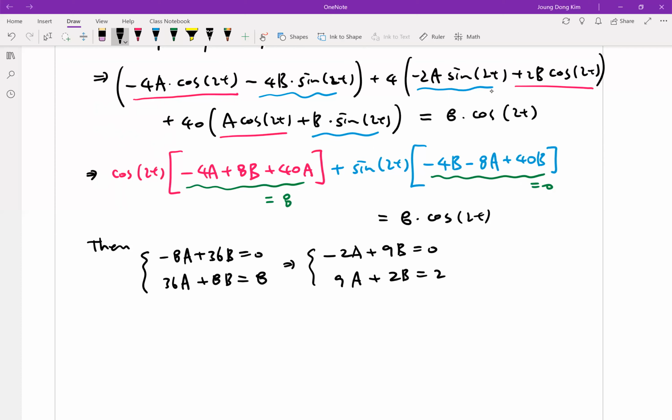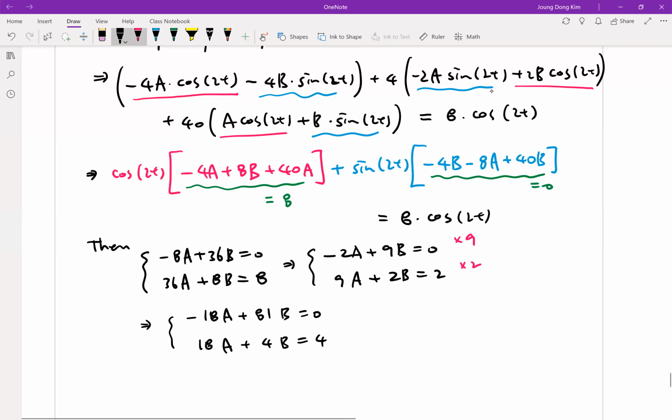Let me do the elimination. I will multiply 9 for the first one, and multiply 2 for the second one. Then your first equation will be negative 18a plus 81b equals 0. The second one is 18a plus 4b is equal to 4.